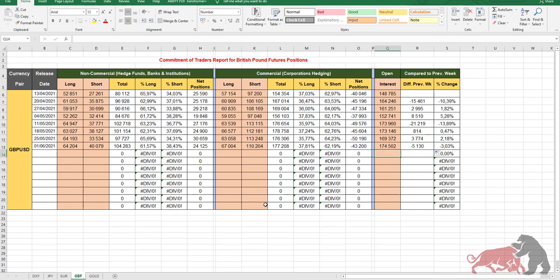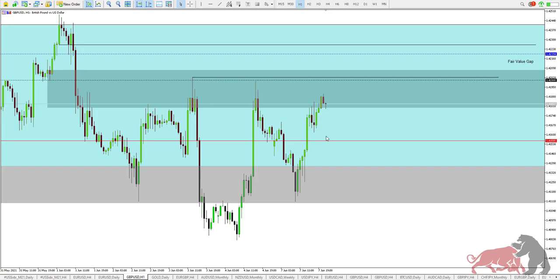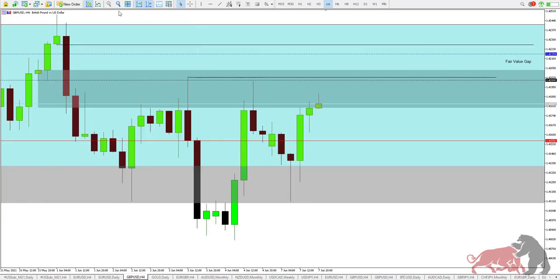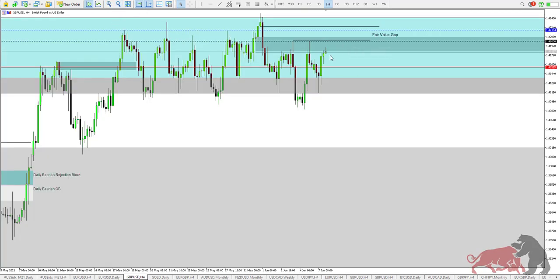So expect an expansion on pound USD, and the expansion that I'm anticipating on pound USD is to the downside. I'm expecting market to trade to the downside on pound USD, with my initial target set at 1.4100, or inside this short-term bullish order block.